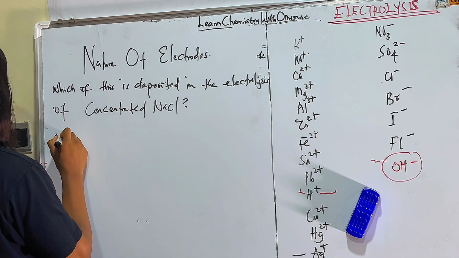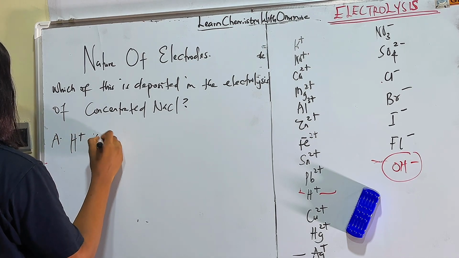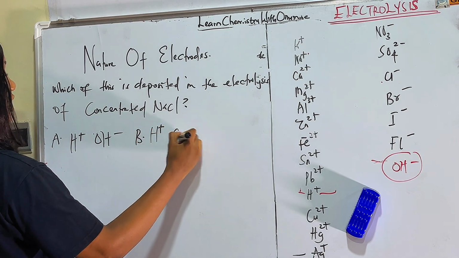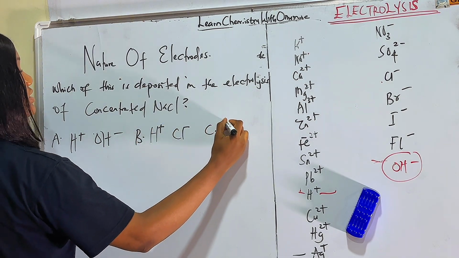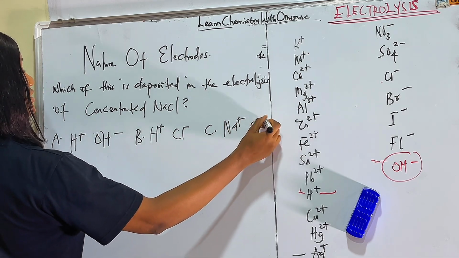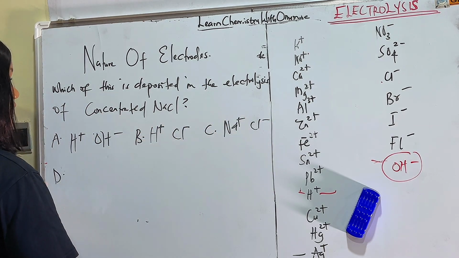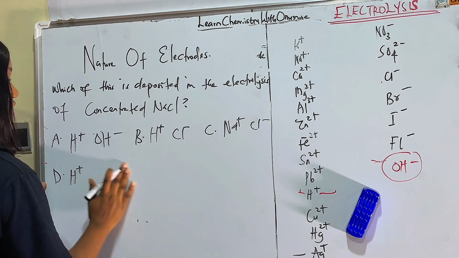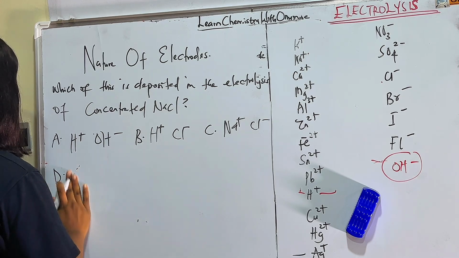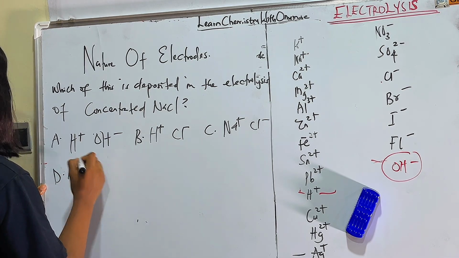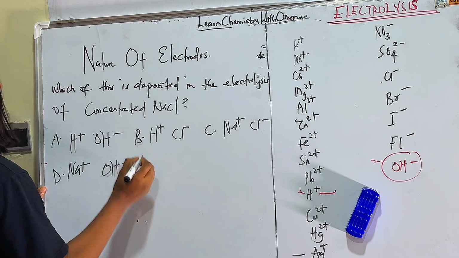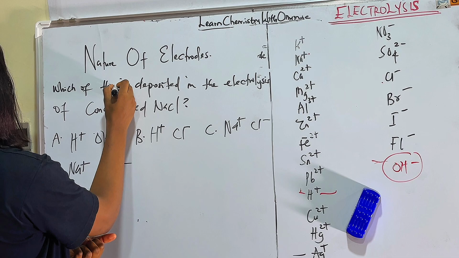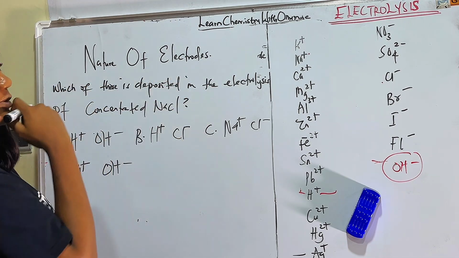A, hydrogen and OH; B, hydrogen and chlorine; C, sodium and chlorine; D, sodium and OH. So which of these is deposited in the electrolysis of concentrated sodium chloride?